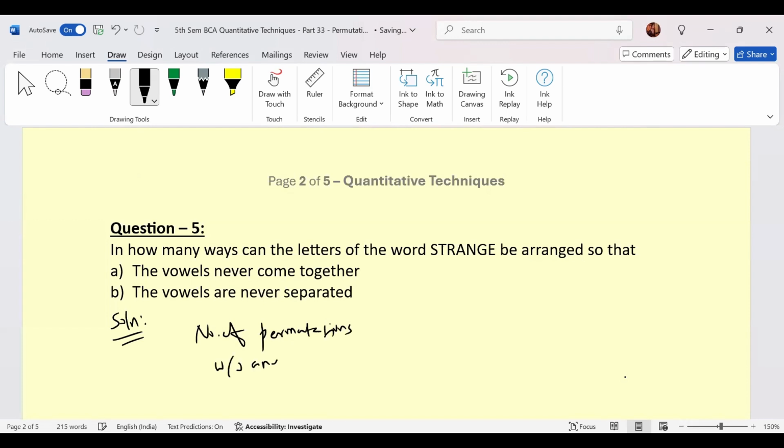Strange has got 1, 2, 3, 4, 5, 6, 7 letters. So 7 factorial. And then is there any repeat? S is not repeating, T is not repeating, R is not repeating, A, N, G, E. None of them are repeating. That means 7 factorial ways it can be arranged, which gives you 5040.